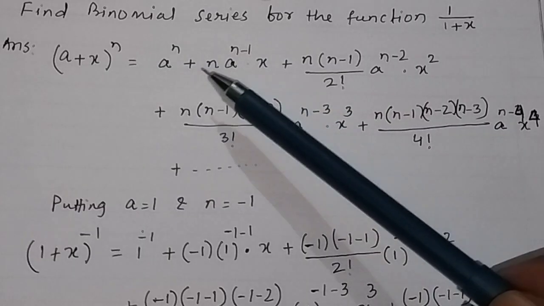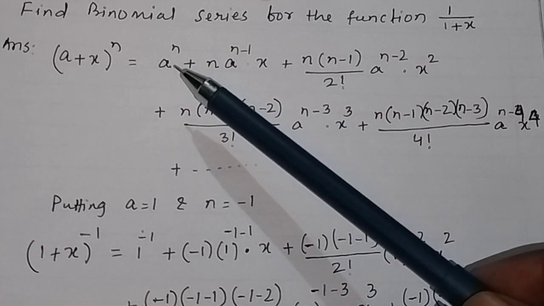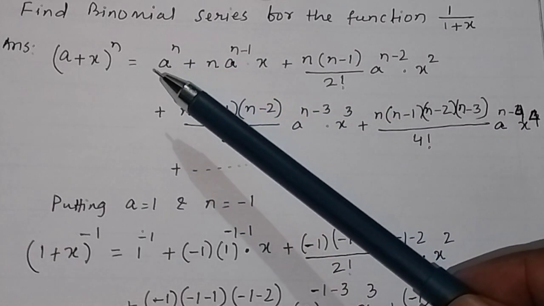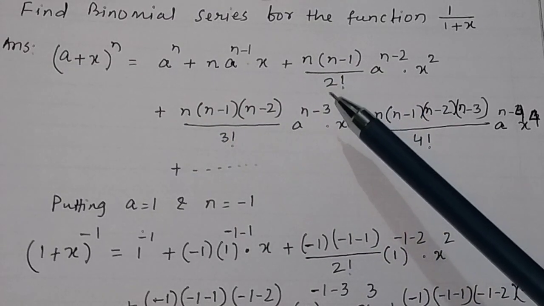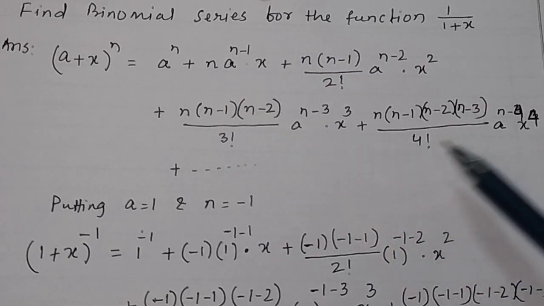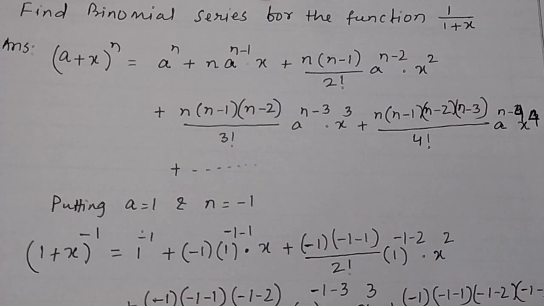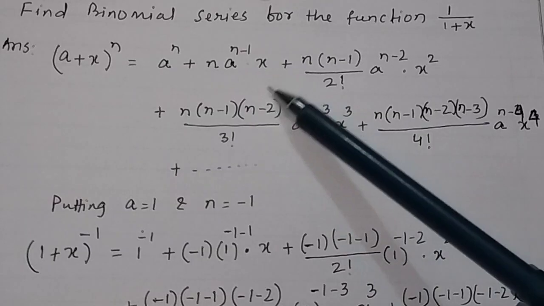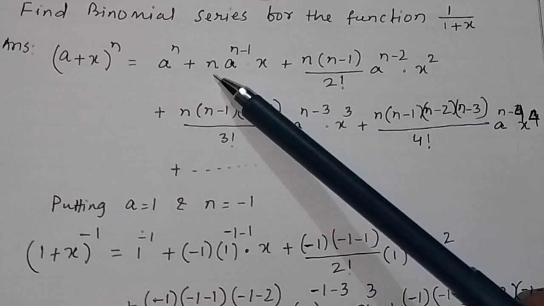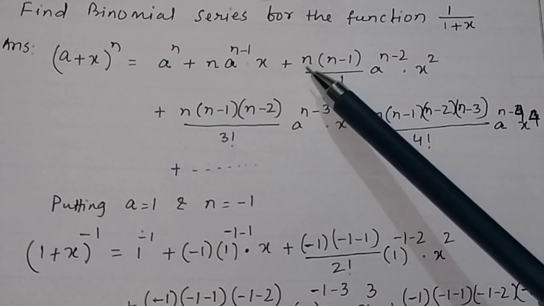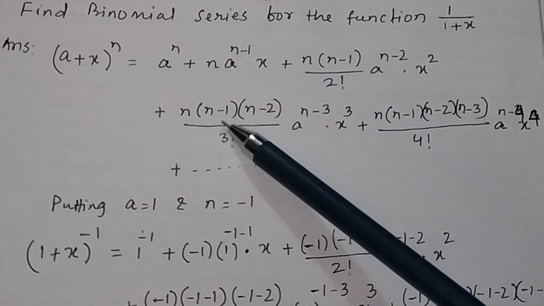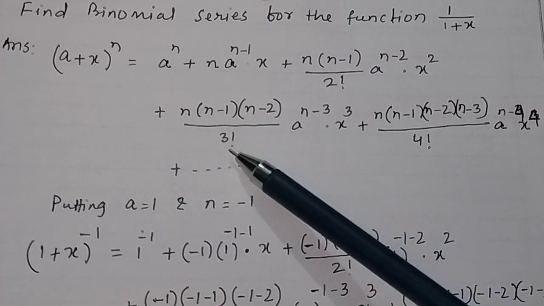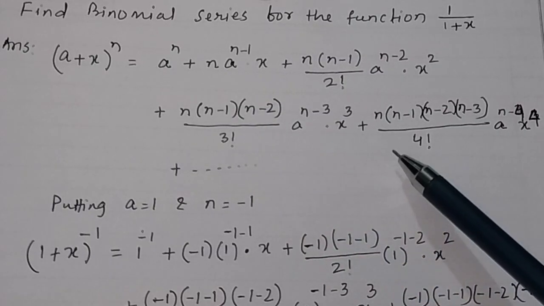And these terms: the first term is 1 into a to the power n, the first coefficient is 1, then n, and these coefficients come from the combination. I have explained the combination in detail. So by applying the combination rule, you will get these terms: n, n into n minus 1 divided by factorial 2, n into n minus 1 into n minus 2 divided by factorial 3, like this.